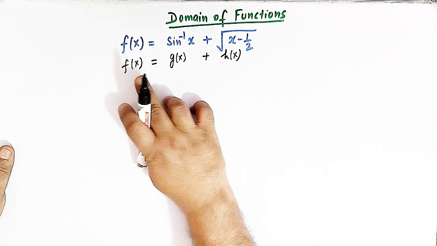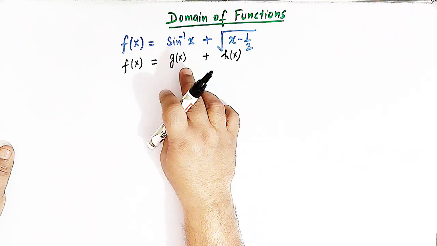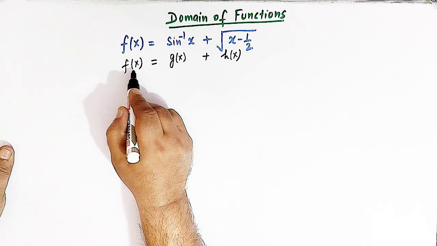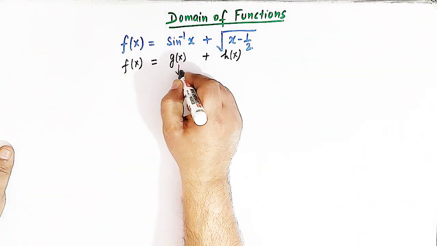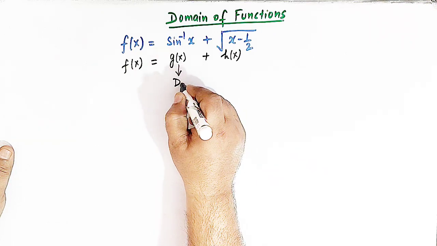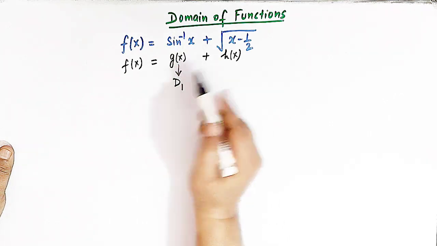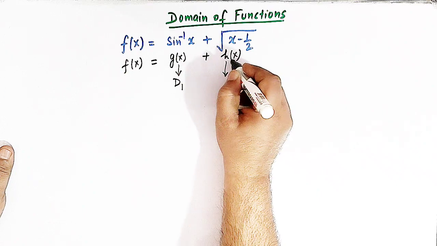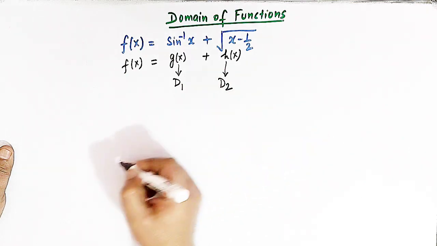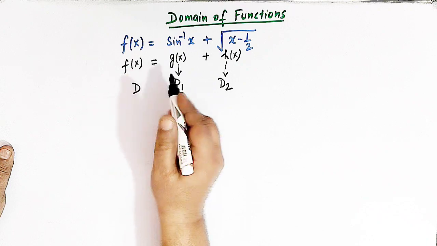Whenever we have a function described as a sum of two functions, then to find the domain of that function, which is f of x, we find the domain of g of x. Let us denote the domain of g of x, which is sine inverse x, as d1, and the domain of h of x as d2. And let us take the domain of f of x as d.